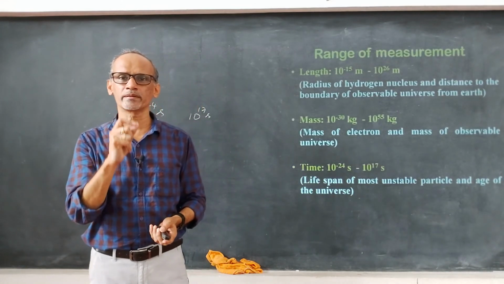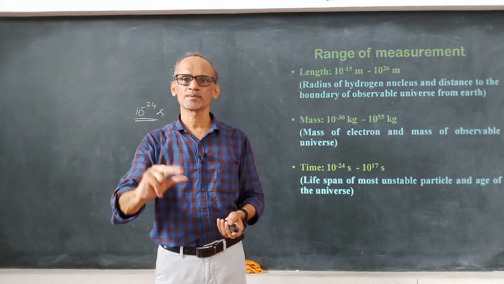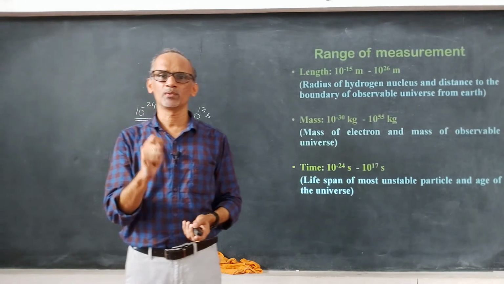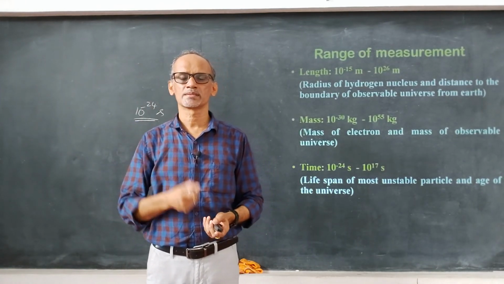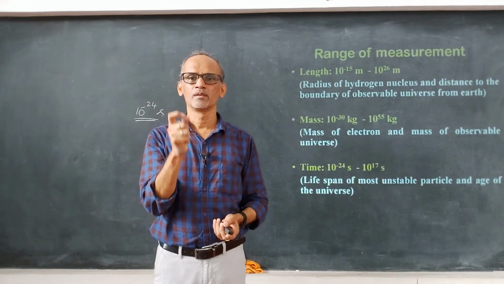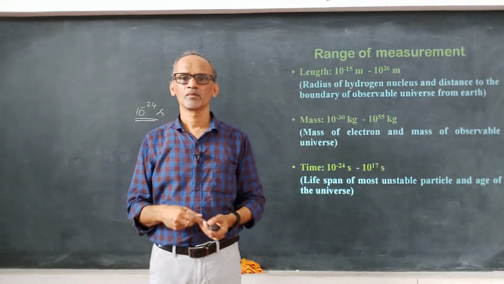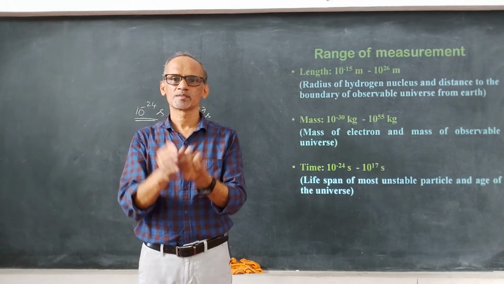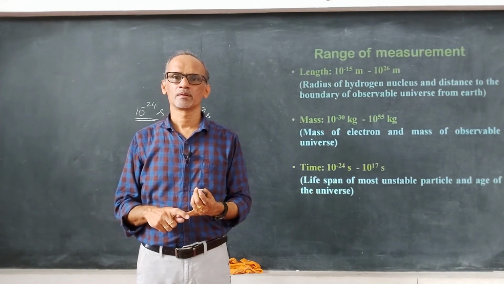That means they will not remain as the same particle. They change into some other particle. For example, neutron is stable only inside the nucleus, and outside the nucleus it will remain as a particle only for about 16 minutes. What happens after 16 minutes? That neutron splits into two more particles called proton and electron.